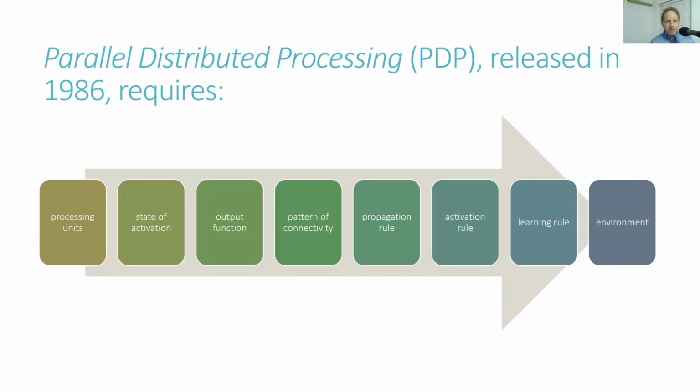Until, in some ways, 1986. A lot happened in the meantime, but there was a big thing in 1986, which was MIT released a series of 2 volumes of a book called Parallel Distributed Processing, in which they described a bunch of processing units that have some state of activation and some output function and some pattern of connectivity and some propagation rule and some activation rule and some learning rule operating in an environment.